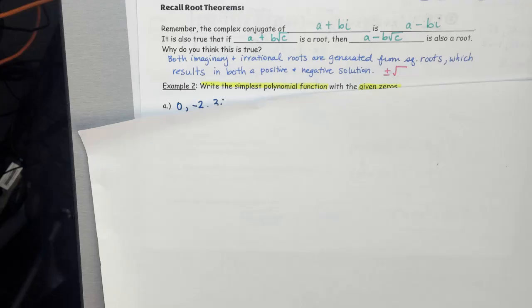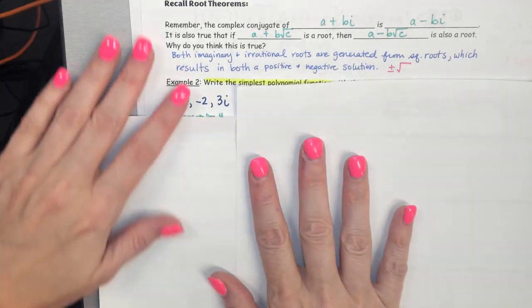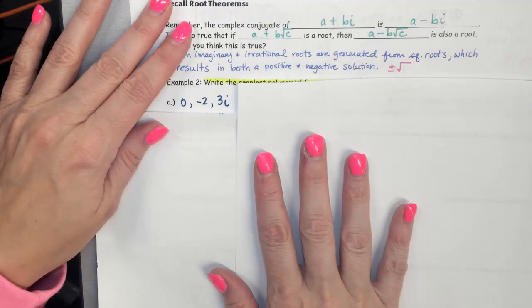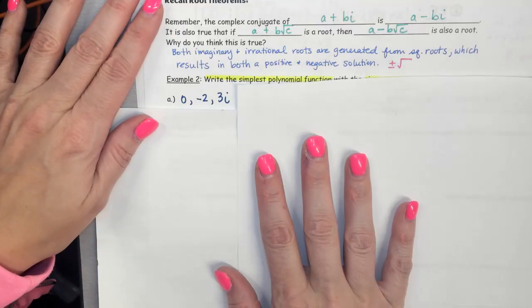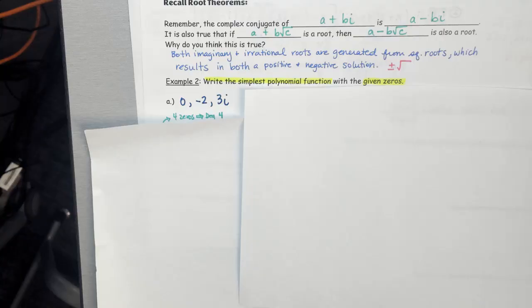Okay, and then for example 2, I want you to see if you can do steps 1 and 2. Okay, so step 1, list all of your zeros. So I gave you those zeros, but there could be some that are missing.